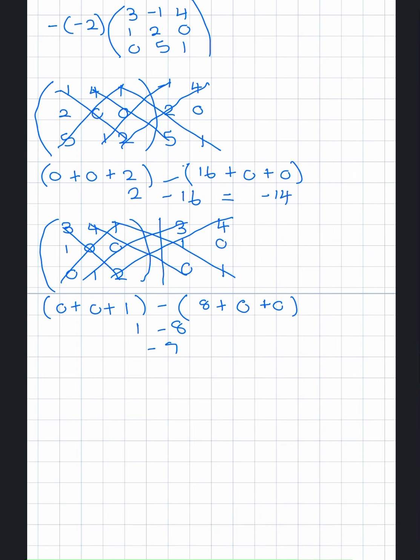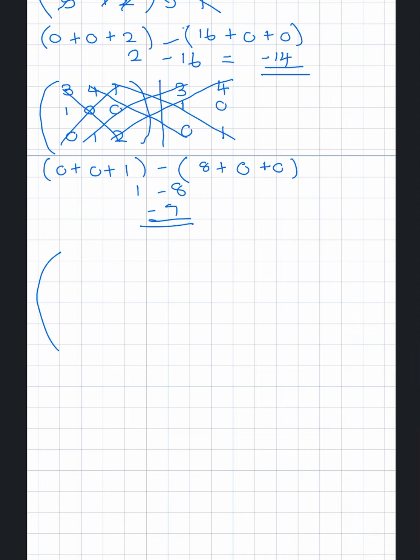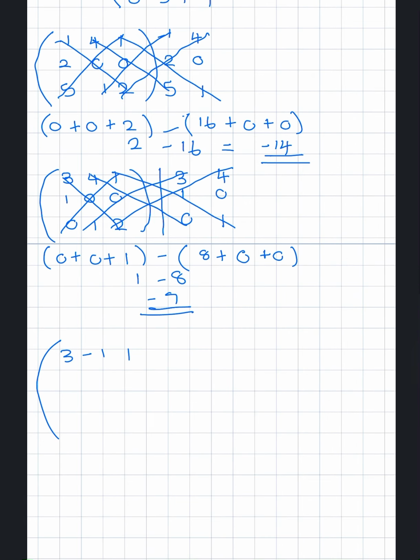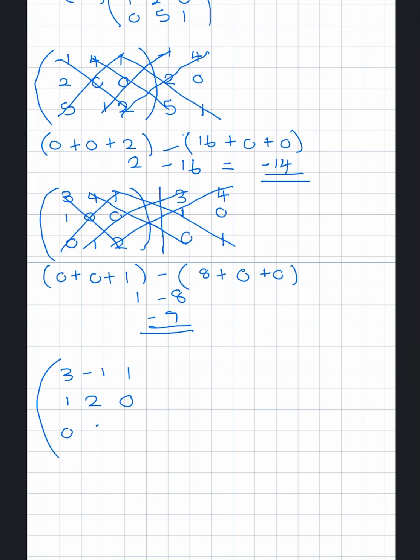Right, let me just double underline our major answers. Going on to the next one, we have 3, minus 1, 1, 1, 2, 0, 0, 5, 2.